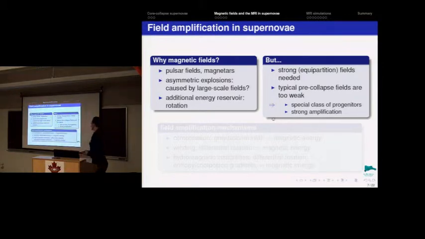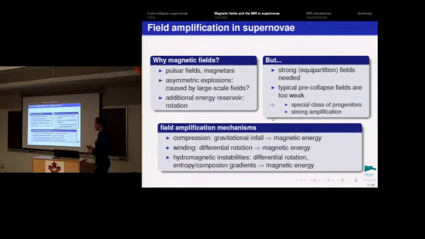Now, those are the main field amplification mechanisms. During the infall, during the collapse, you get, of course, flux-freezing compression, which gives you maybe 2 or 3 orders of magnitude in field strength. Afterwards, if you have differential rotation, the magnetic energy can be increased by winding of field lines, leading to a linear increase of the field strength.